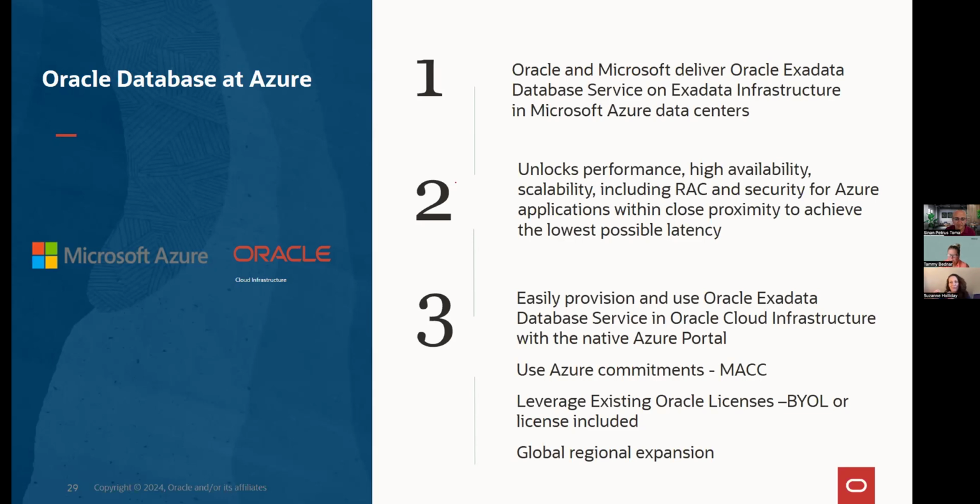But in the background, you are engaging with your Oracle rep in order to get that price as a customer. You can burn that down and pay for it, should you wish to do so, via your MACC on the Azure side. So if you've got a large MACC commitment, it enables you to purchase Oracle Exadata database service and burn that down. And within that MACC commitment, we've also extended that to the object storage and the OCI networking, which we added recently as well.